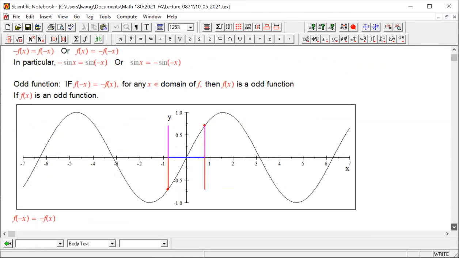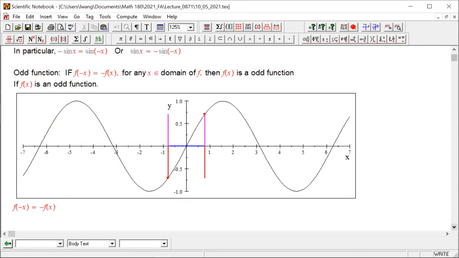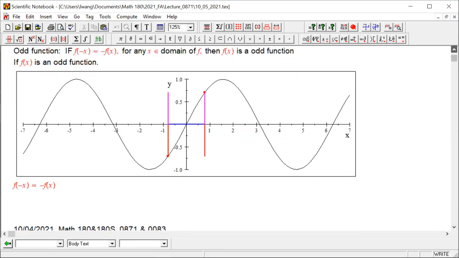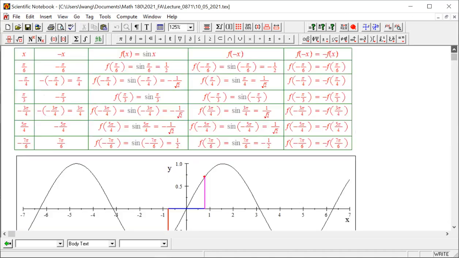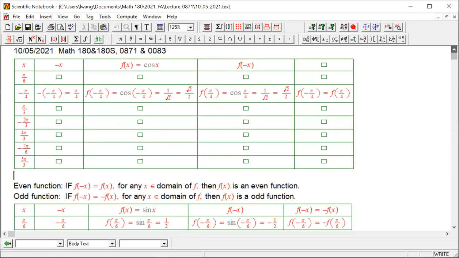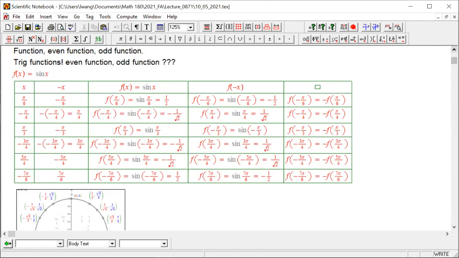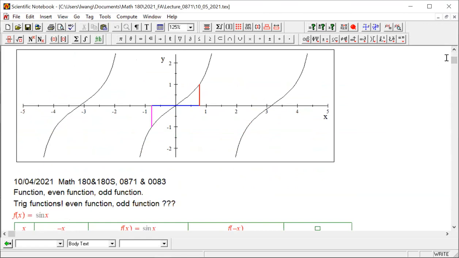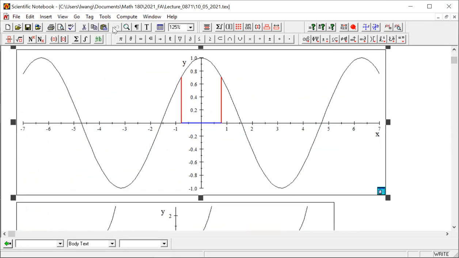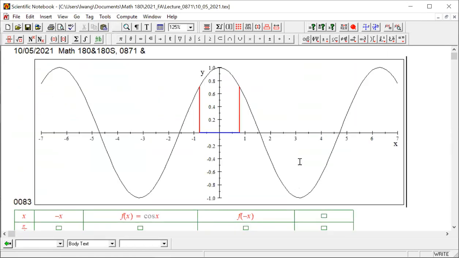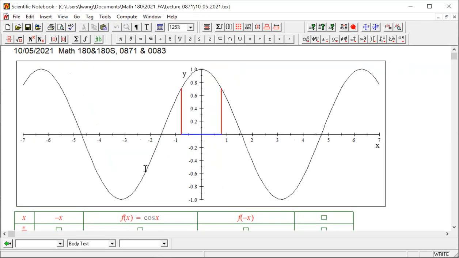So I drew the picture with my other class, so I'm just going to borrow that picture and use it directly here, because it takes time to draw those pictures. Where did I put it? Right here. This is a cosine. Okay, this is a cosine curve.